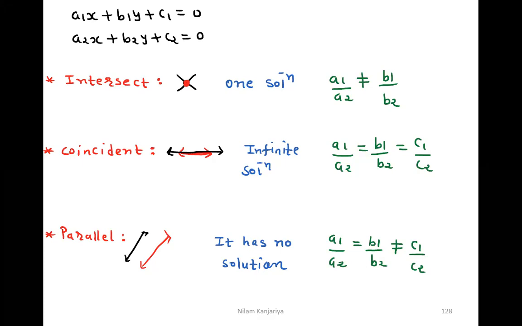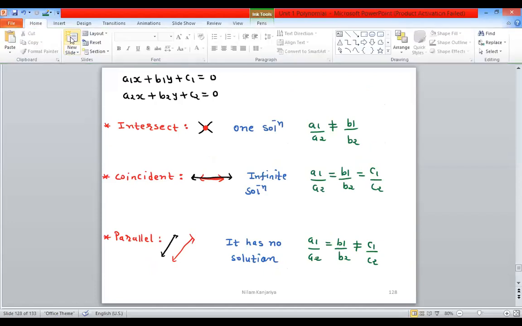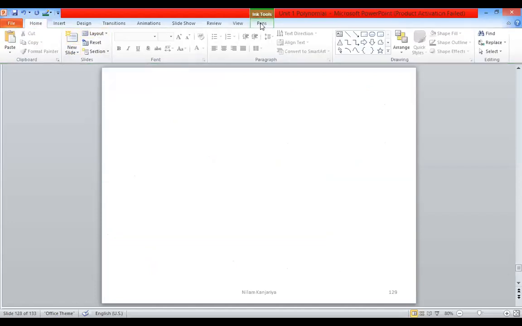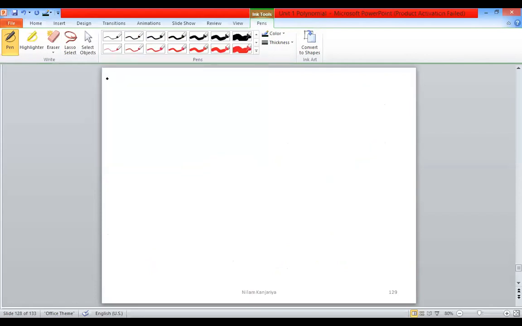So let's check whether the lines are intersecting, coincident, or parallel. Look at your screen. I'm giving you one example. First example, check: x plus 2y minus 3 is equal to 0 and my second equation is 2x minus 3y plus 5 is equal to 0.